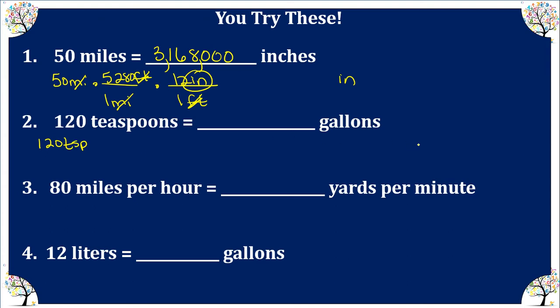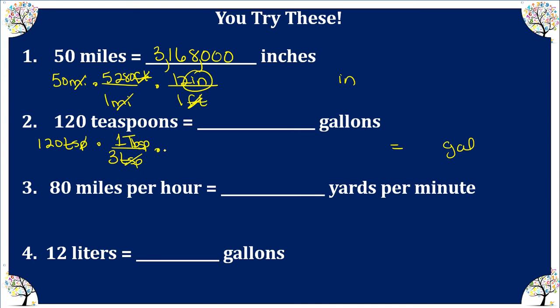Now we have 120 teaspoons, and we want to get to gallons. I don't know how long of a bridge we need to make. So let's look at our little cheat sheet here. Hopefully I have all the information I need. So we have teaspoons, and 3 teaspoons is 1 tablespoon.